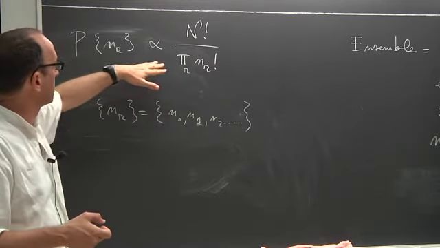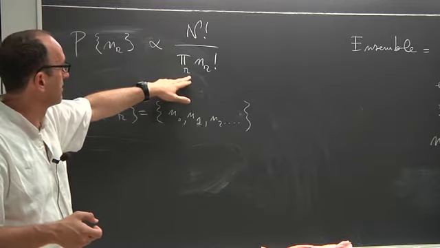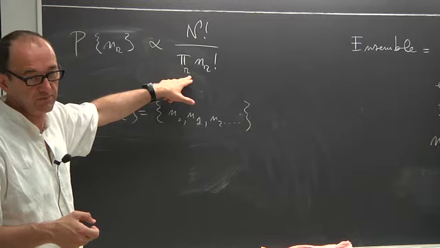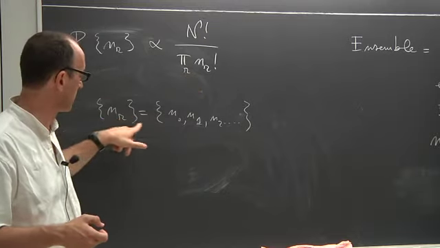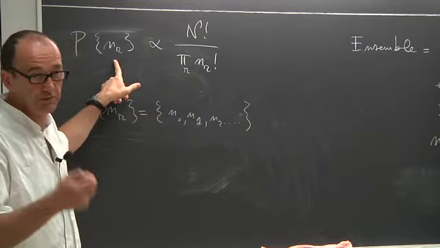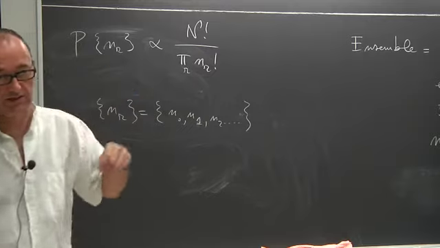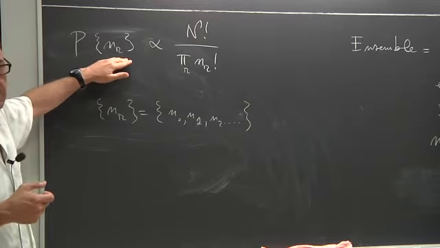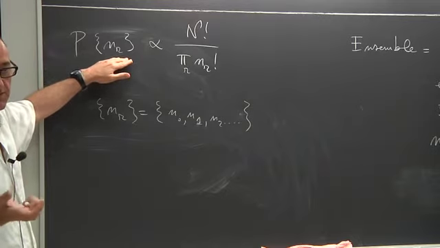So the larger is the number of ways in which I can distribute these points in the ensemble in this particular way, the larger will be the probability to find the system with this distribution of points in the phase space.